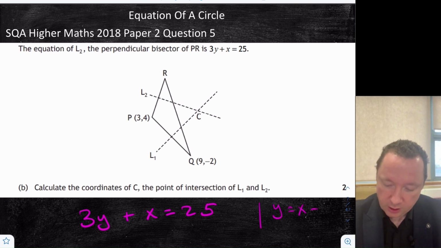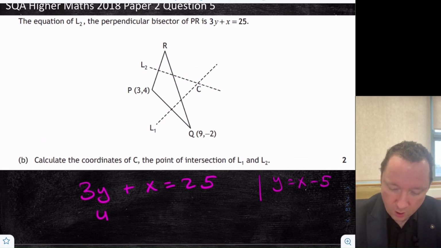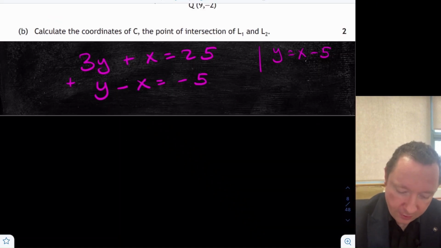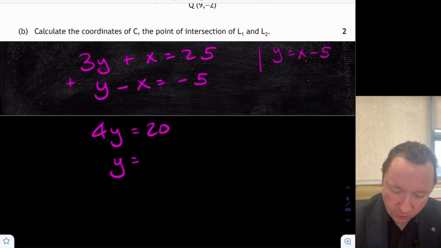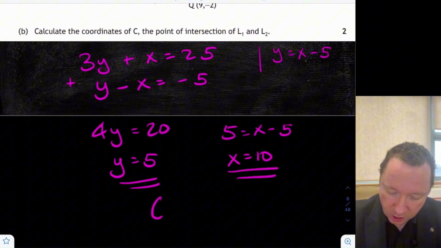So rearranging that so that everything's on the same side, you've got y minus x equals minus 5. Adding these together, you get 4y equals 20, so y equals 5. Subbing it into this equation here, we get 5 equals x minus 5, so x must be 10. The point of intersection is (10, 5).